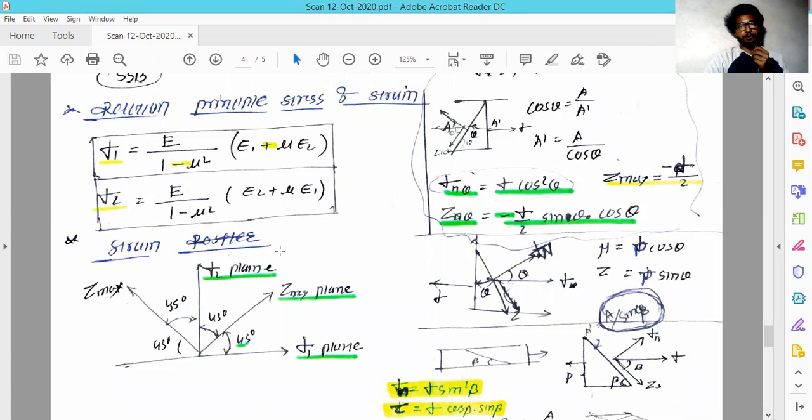And another form is when two cross sections which are cut at 45 degrees are joined together by glue.